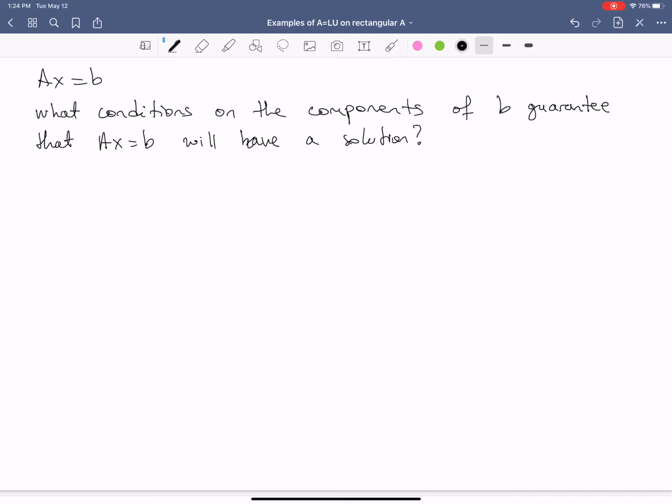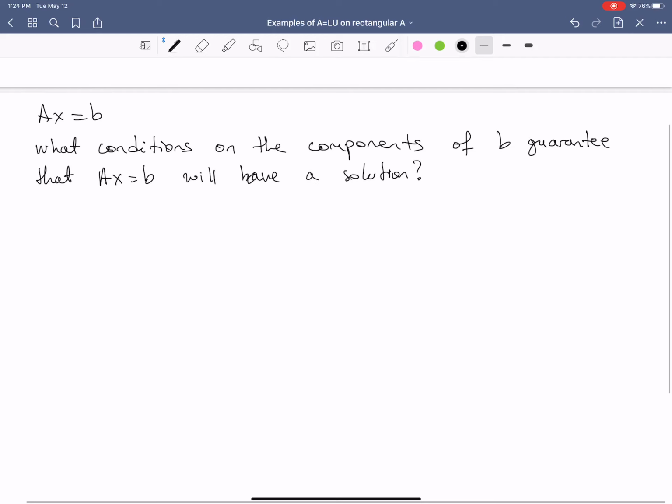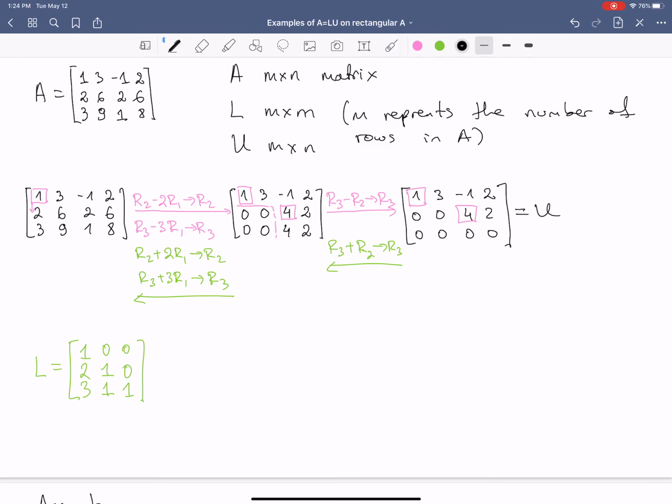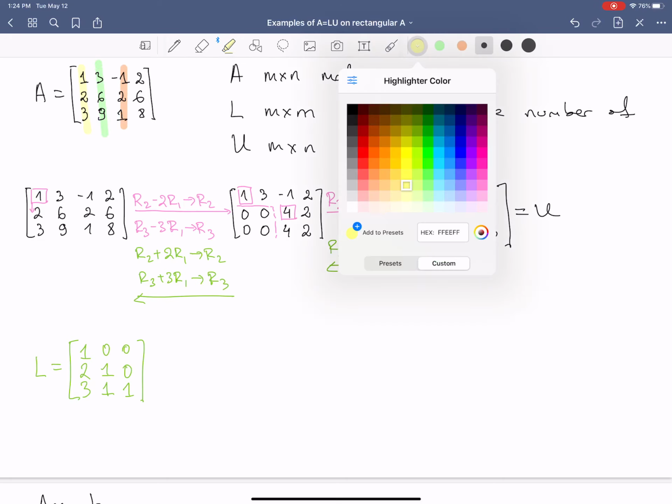Now, this is a very important question, and why do we ask it? We know that not all systems AX equals B will have solutions. When do they have a solution? Well, remember that A times X represents a combination of the columns of A. So you have this column and that column and that column and one more.